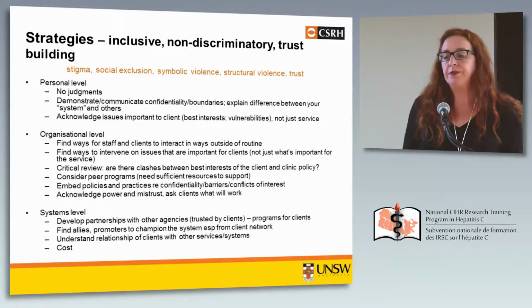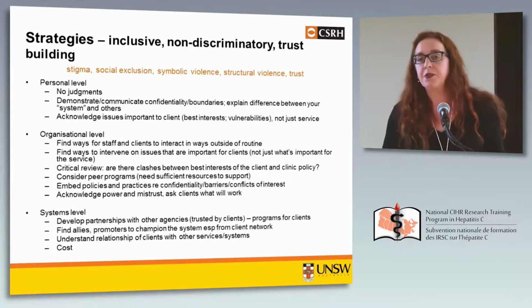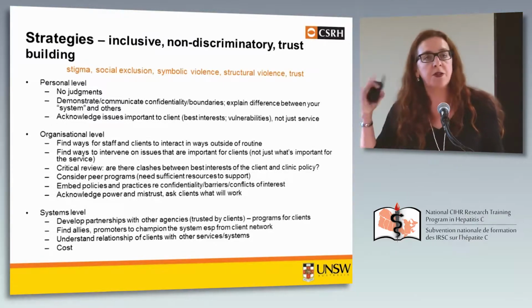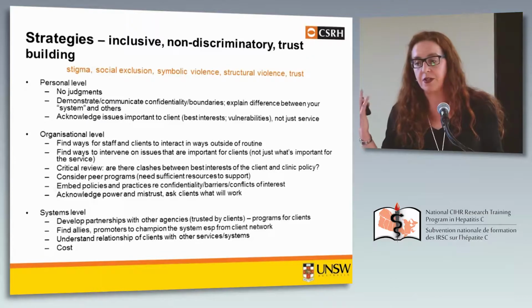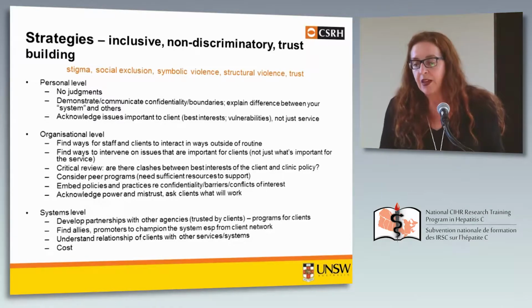Right, so here's what I see as a non-clinician, the strategies to build inclusive, non-discriminatory and trustworthy services, reflecting on all these notions of stigma, social exclusion and so on. At personal level, that staff are able to operate with their clients without judgment, that they're able to demonstrate and communicate issues of confidentiality and boundaries.